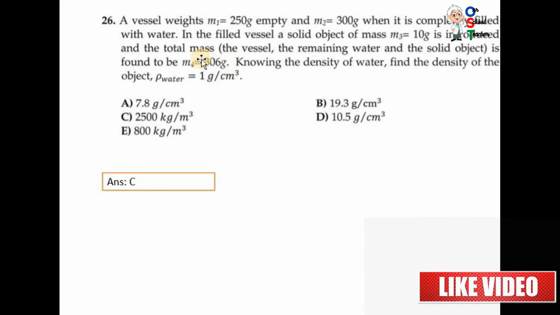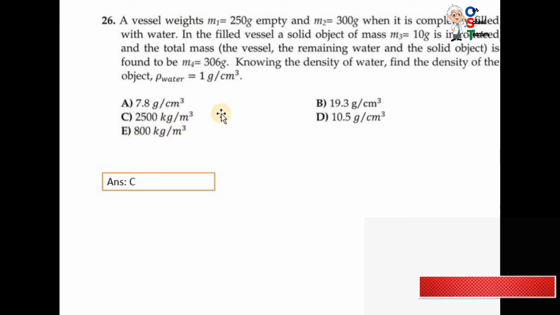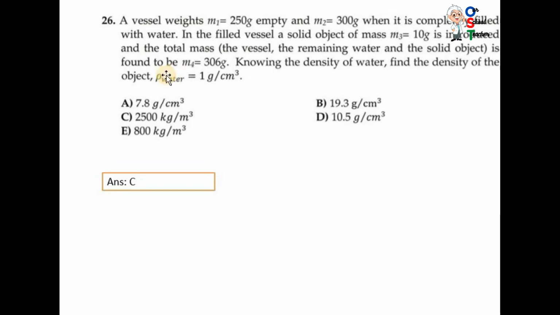So when you calculate, the answer would be 2500 kg. Actually, it is also another calculation or equation, so this needs a lot of time. I will make you understand in another video. Just find the correct answer, that is C.